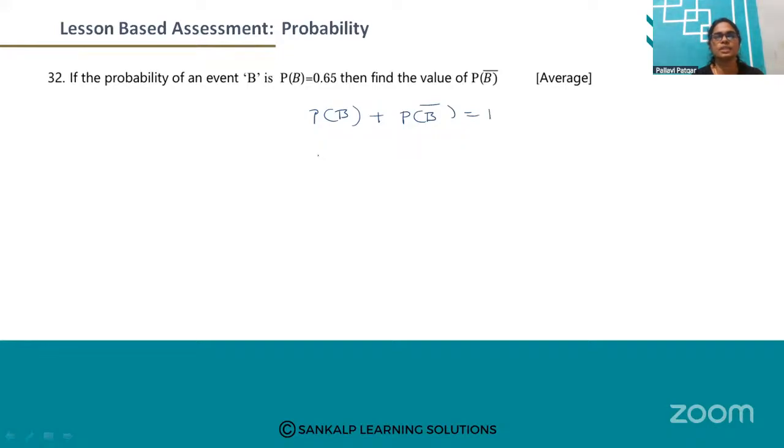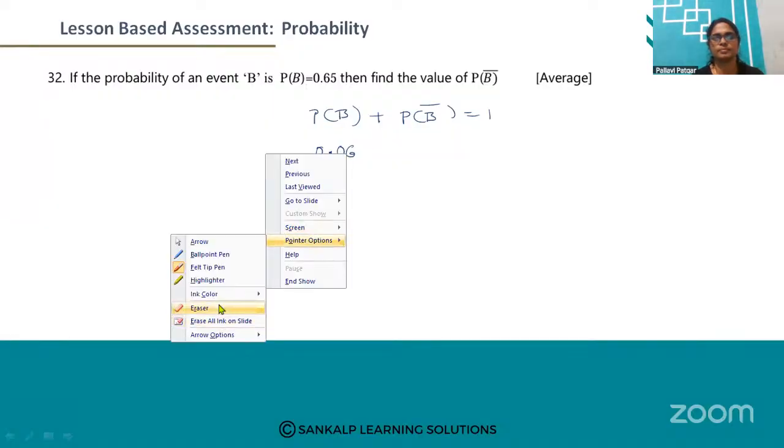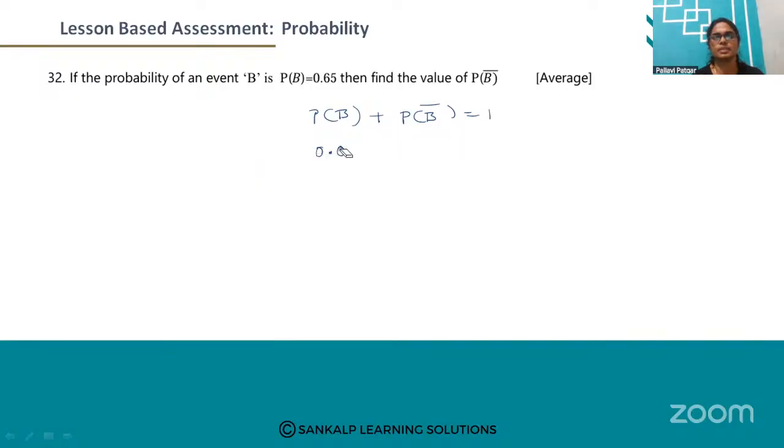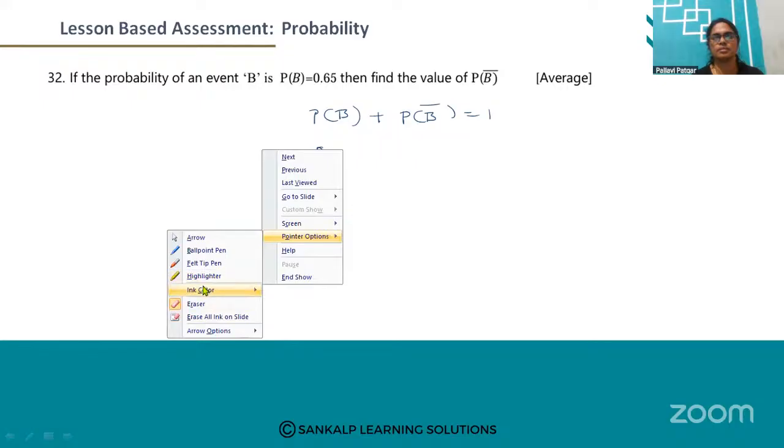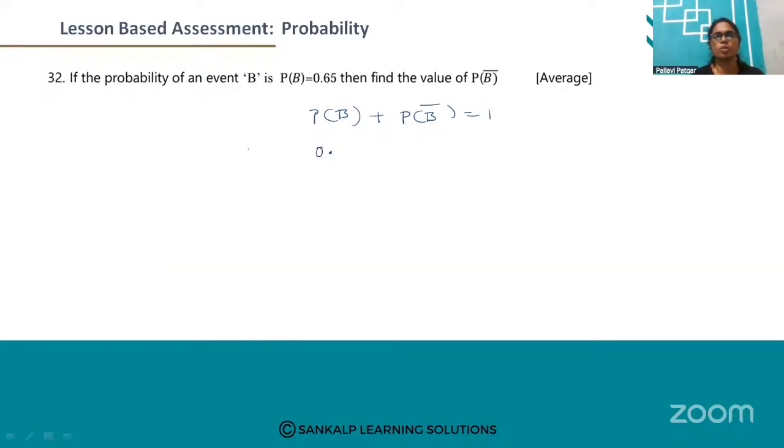So P of B is equal to 0.65 plus P of B complement is equal to 1.